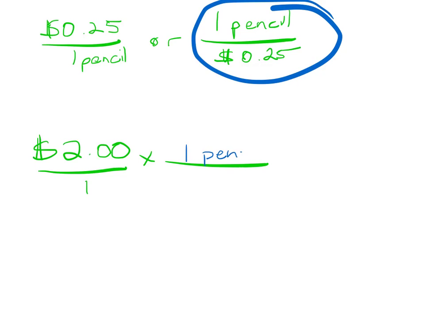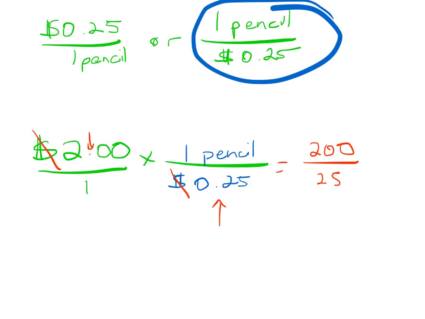1 pencil equals 25 cents. Label will cancel out label. Now, I should really get rid of that and just make it 200 cents and make this 25 cents. So I'll say 200 over 25.